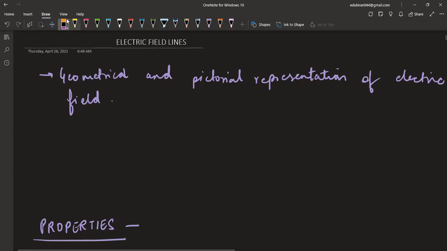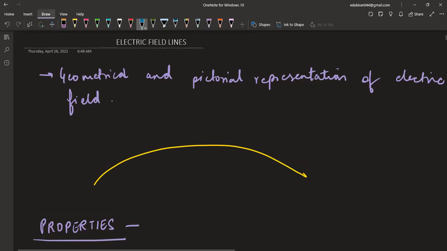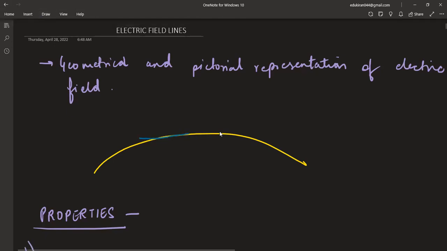Otherwise, if we just keep on imagining it, how will we represent it? So suppose this is the path of electric field. I want to find out the direction of electric field. Best method is to drop a tangent. Electric field is an actual thing, but this is just a pictorial representation of how electric field is traveling.